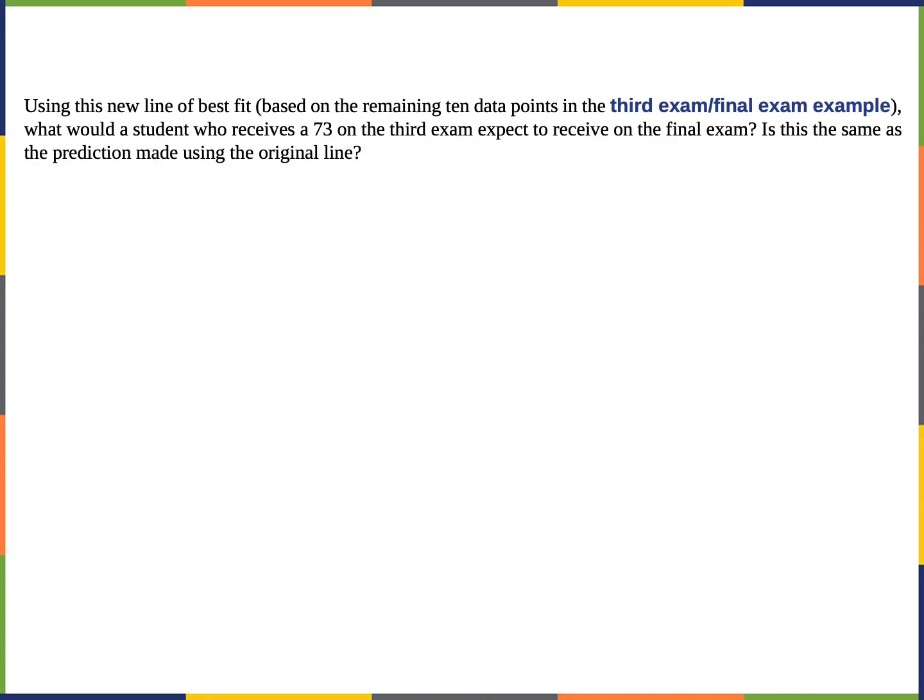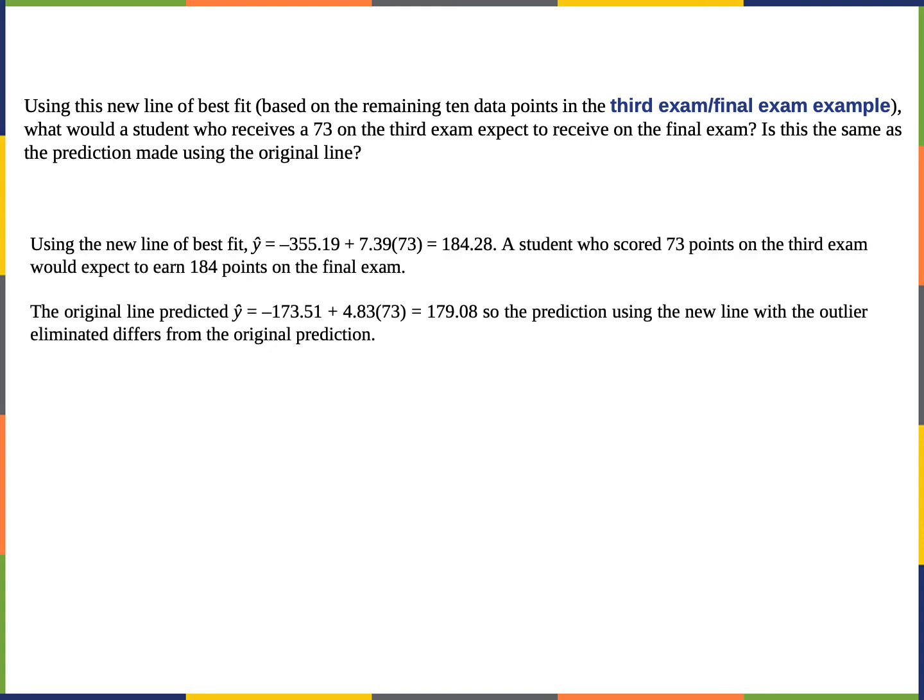Okay, so let's see here. If we want to use this new line of best fit, what would a student who receives a 73 on the third exam expect to receive on the final? Is that the same as the prediction made using the original line? It's not going to be, because it's a different line.